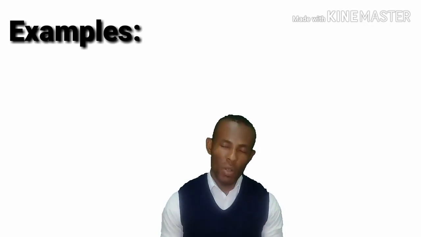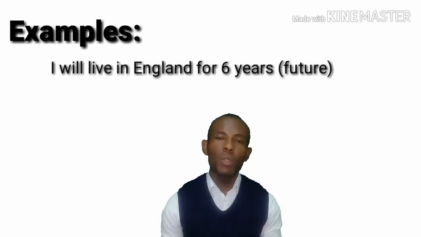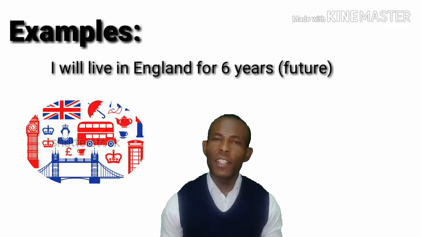So let's see some examples of how we can use for with a period of time in the past, present, and in the future. Example number 1. I will live in England for 6 years.